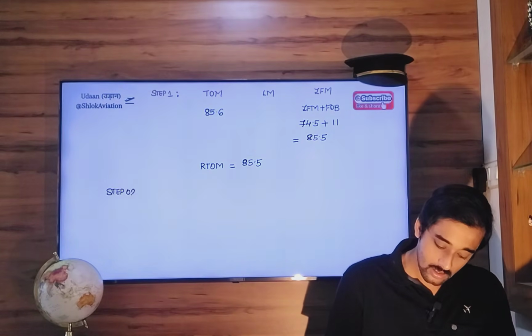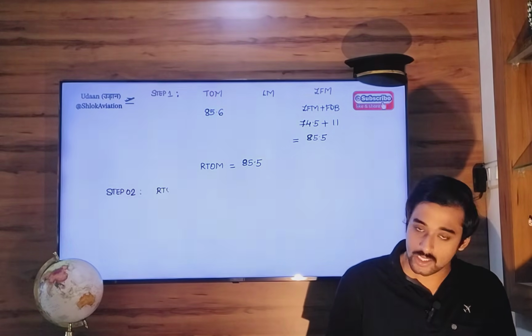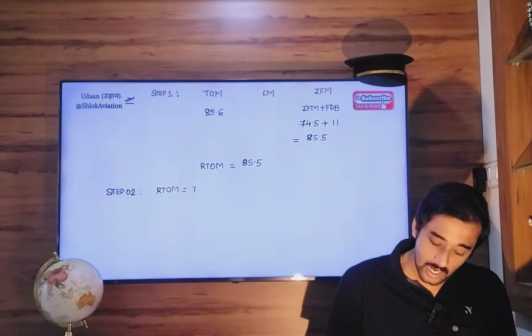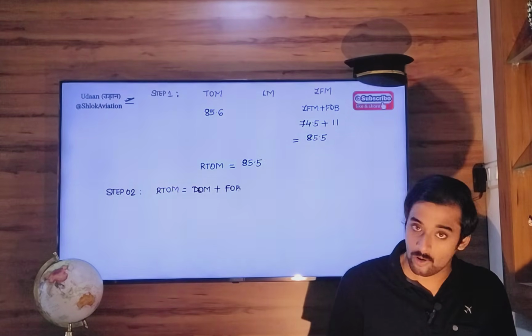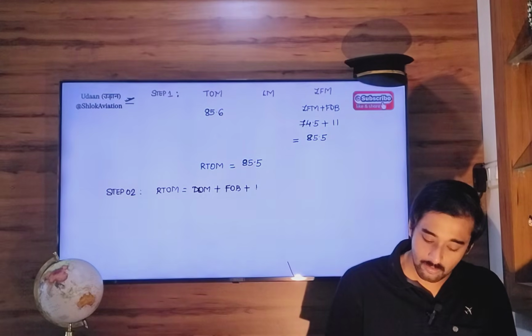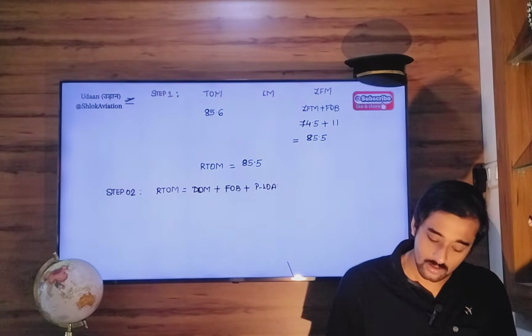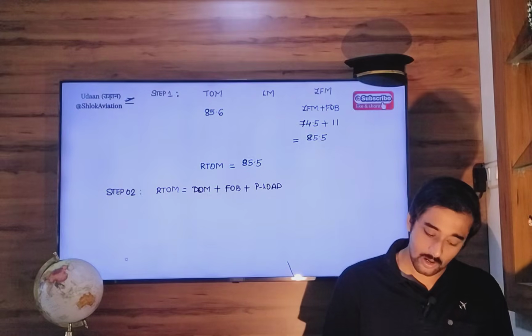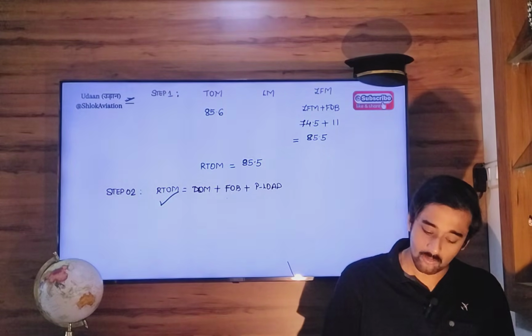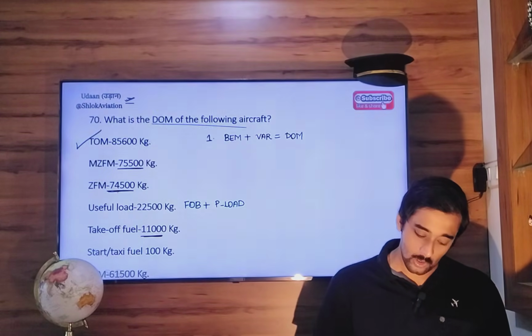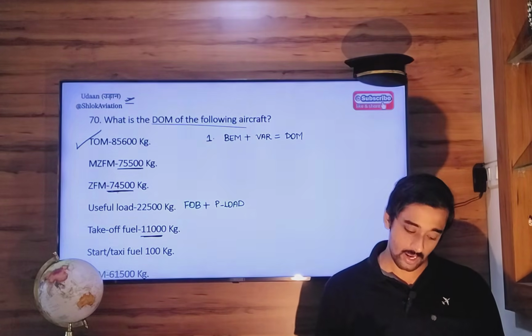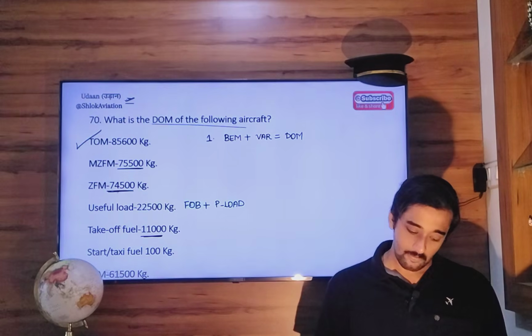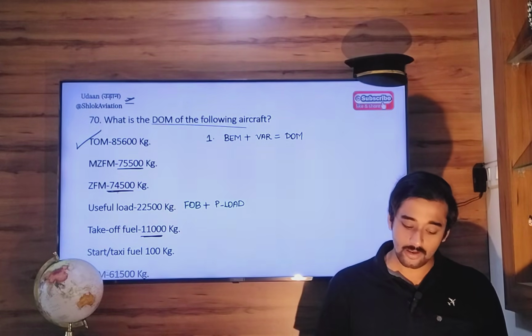Now step 2: regulated takeoff mass equals dry operating mass plus fuel on board or takeoff fuel and payload or traffic load. We have regulated takeoff mass, we have fuel on board. Do we have the payload value? No, we do not have payload or traffic load directly, but we have useful load.